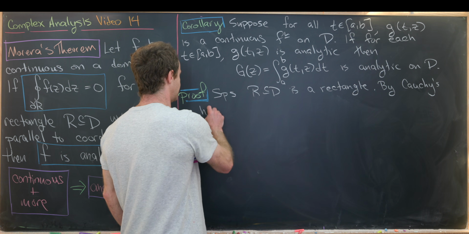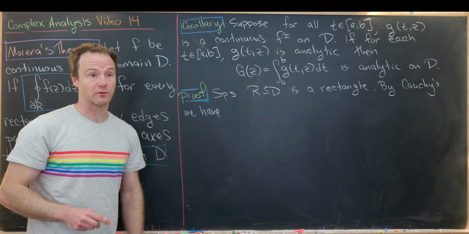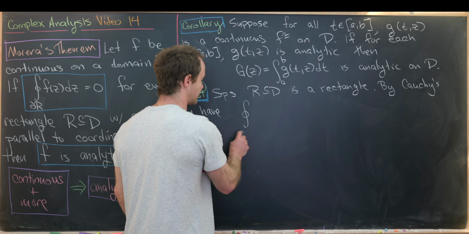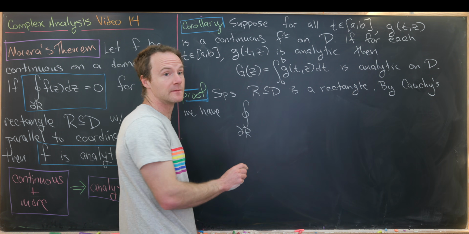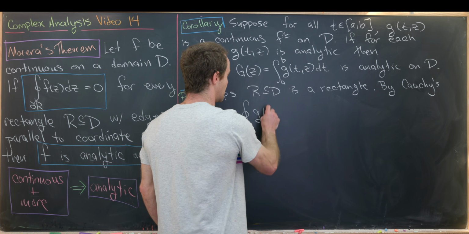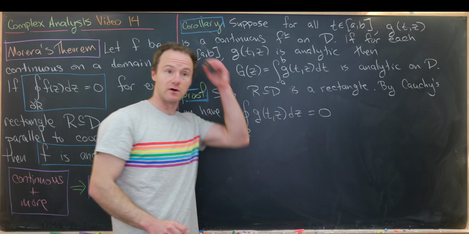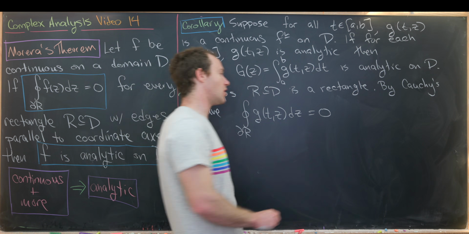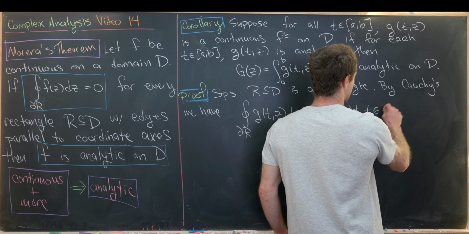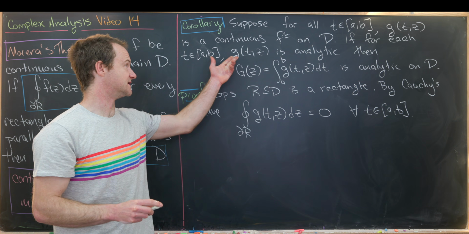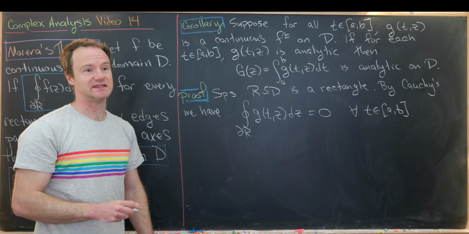We have to pick the right closed curve, so that'll be the boundary of R. So we've got the integral over the boundary of R of g(t, z) dz equals 0, and this is true for all t on that interval. Again, that's because we're assuming analyticity for all of the g(t, z).